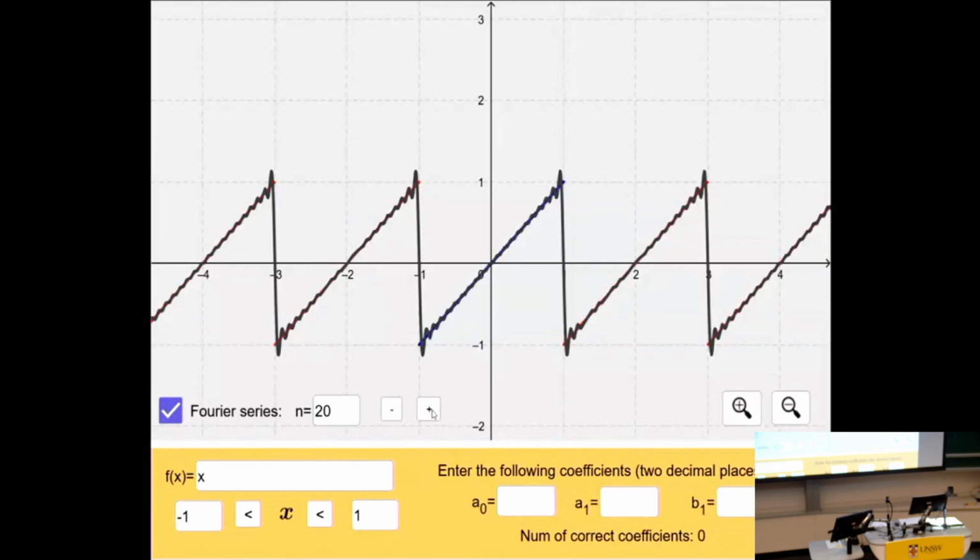You can also do this with cosine functions, right? Let me show you, see if I can do another one. Let's go here. Shall I do that? Let's try that.